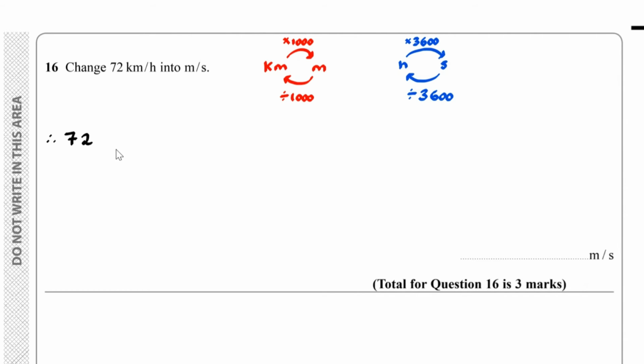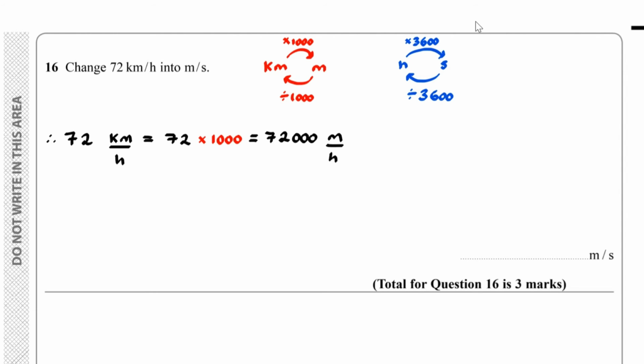So if you've got 72 kilometers per hour, we can convert this into meters per hour. And the way we do this is we multiply the 72 by 1,000, which is 72,000 meters per hour.